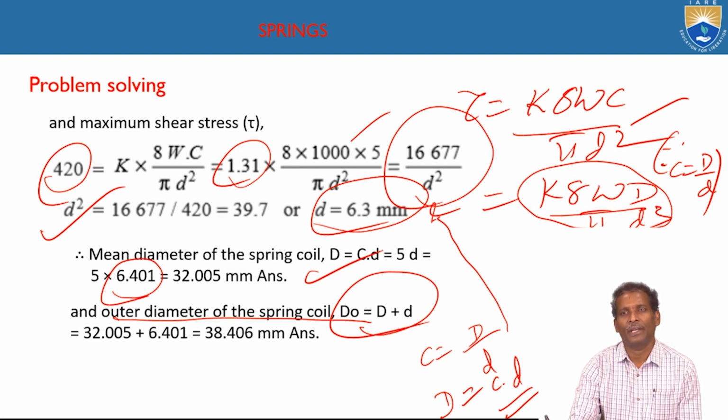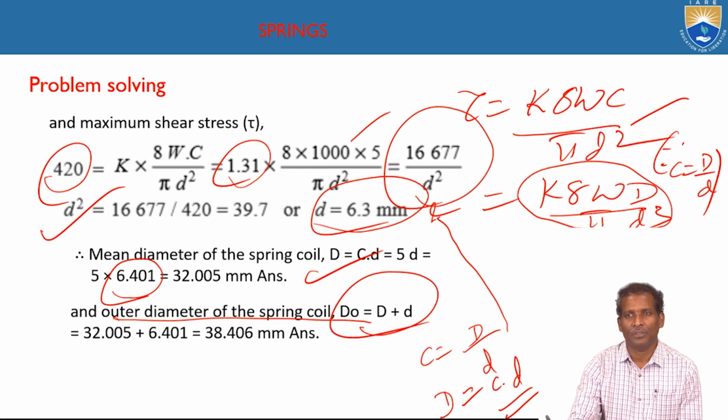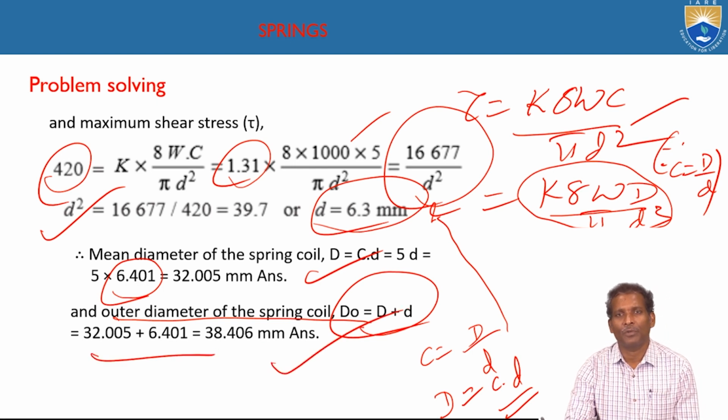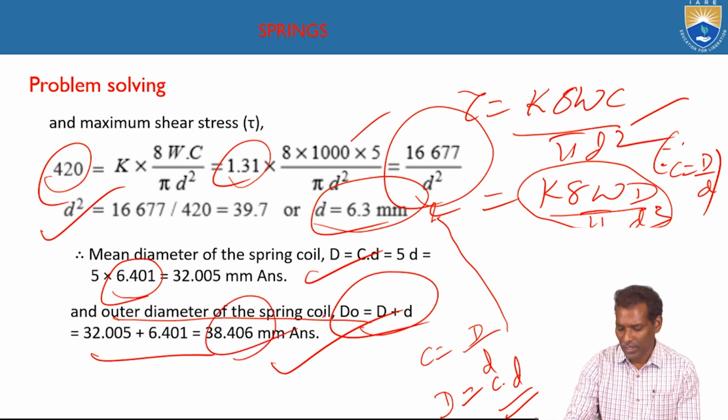Capital D is already calculated and small d you also know. Substitute in this relation and you will get 38.406 mm. So up to here, you have calculated capital D, small d, the outer diameter of the spring coil, and the wall stress factor.